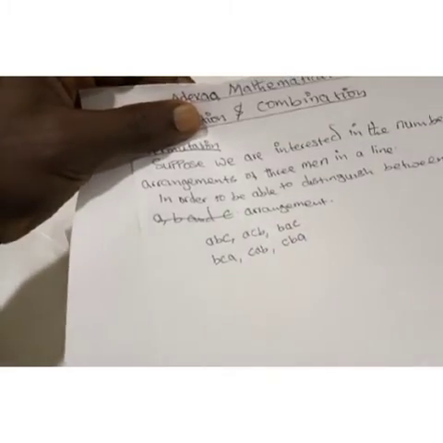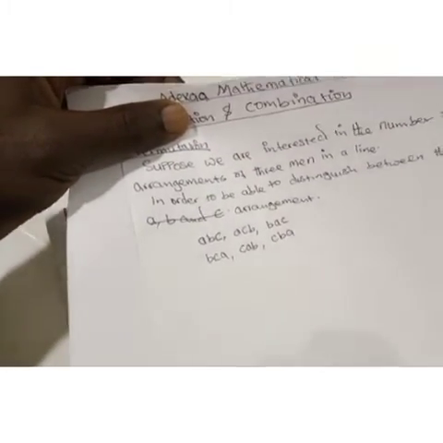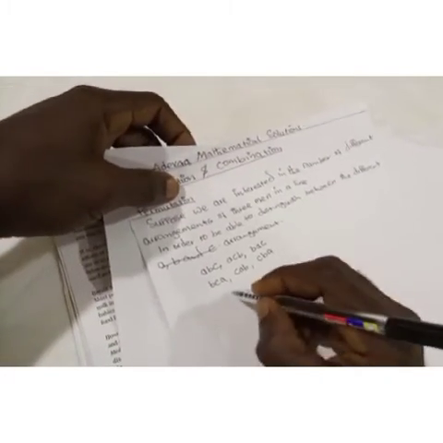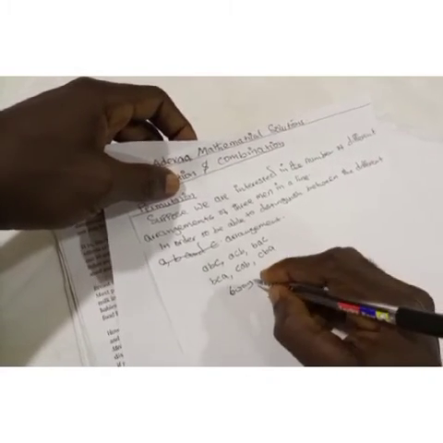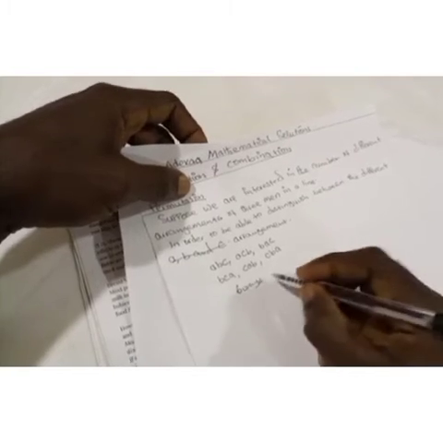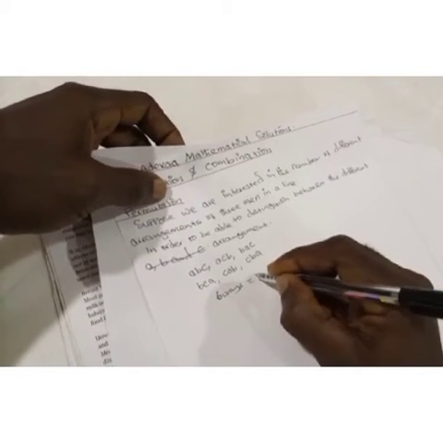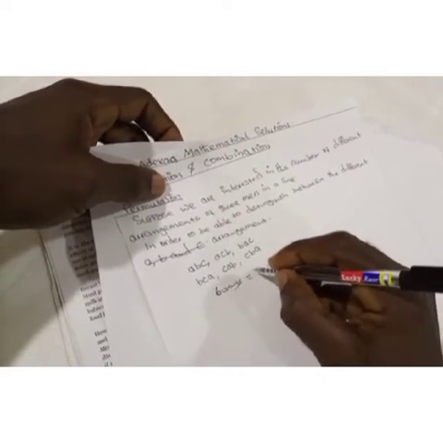That means we have 6 possible ways of arranging this.